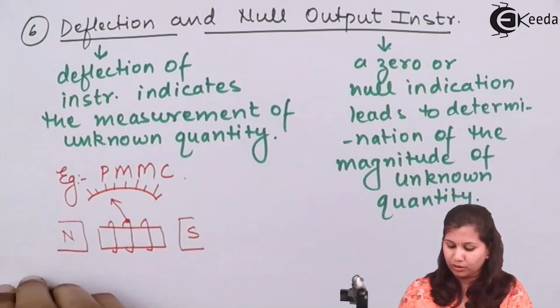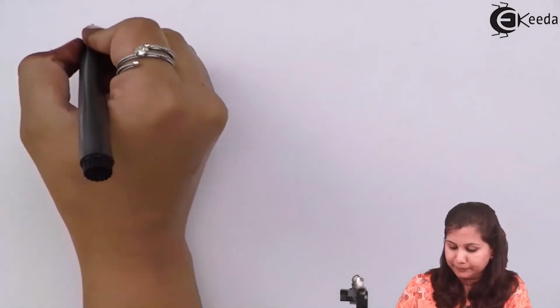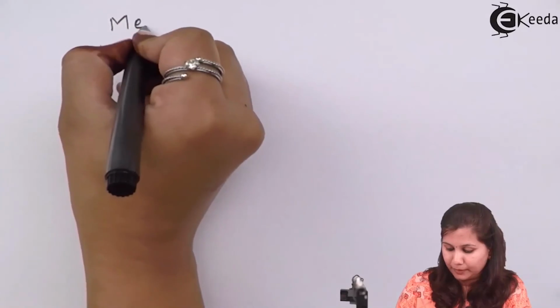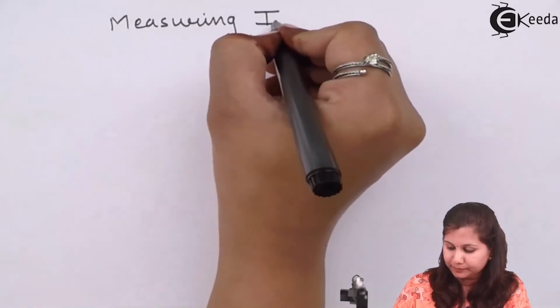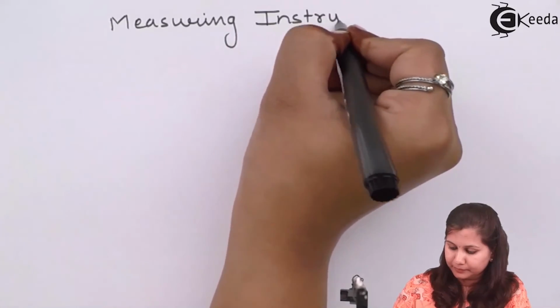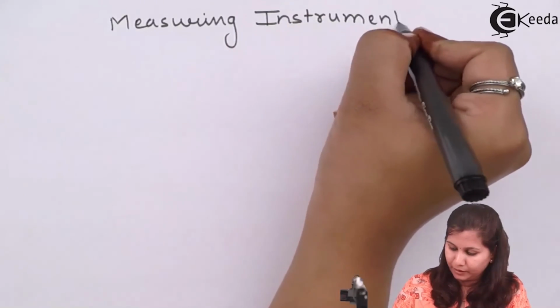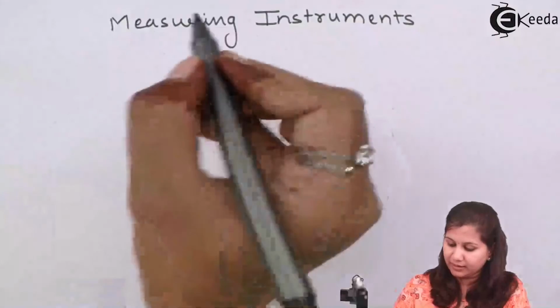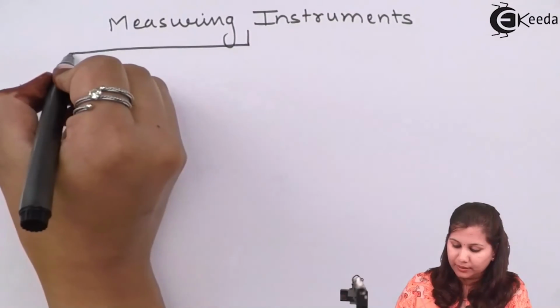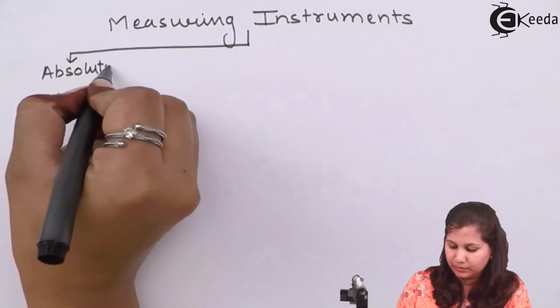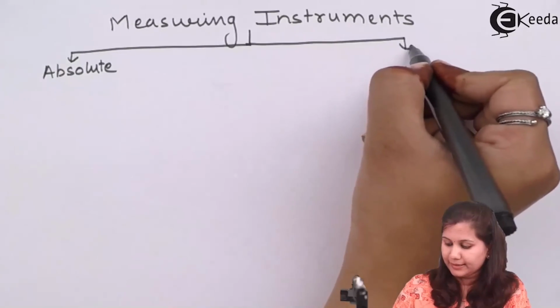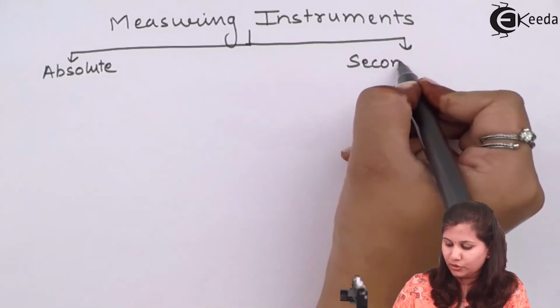If we draw a flowchart for the classification of instruments, it will be like this: measuring instruments. The first classification we studied was absolute and secondary instruments.